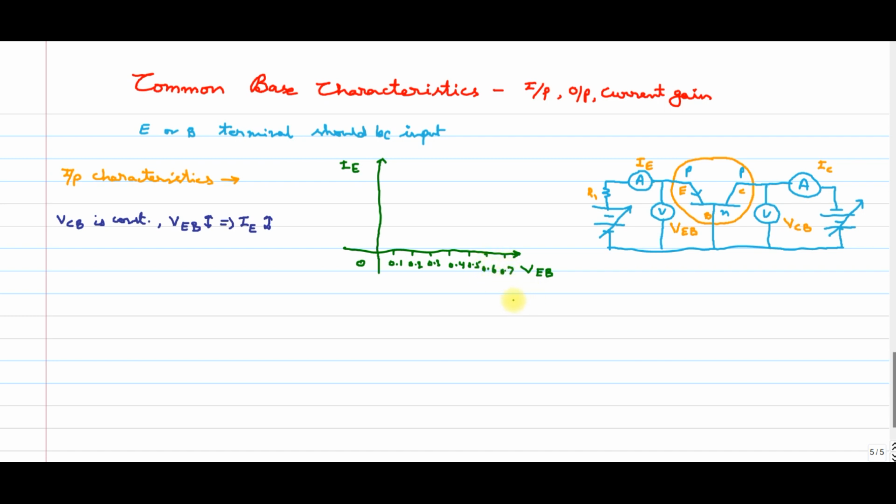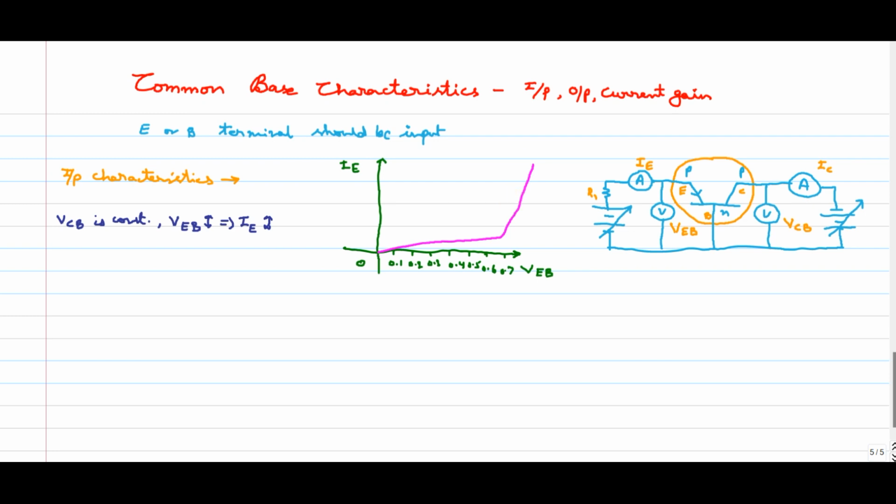If it is a silicon diode, then at 0.7 it should turn on. So the characteristics are more or less like this.